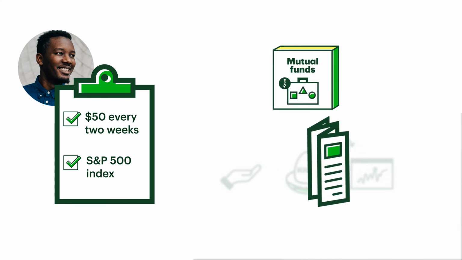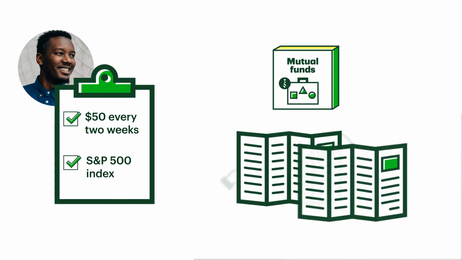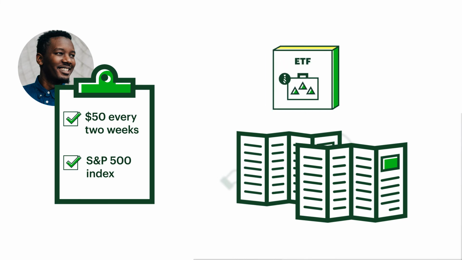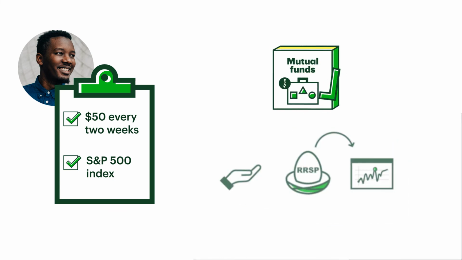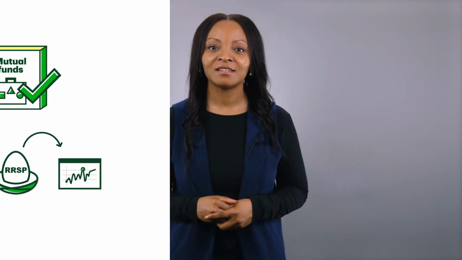Ken should check each prospectus and compare the MERs, as well as check with his broker to determine the fees and transaction costs involved with both choices. In this example, Ken chooses a mutual fund with no transaction fees to avoid paying a fee every time he makes a purchase. This was a very simple example, and your situation may be more complex.